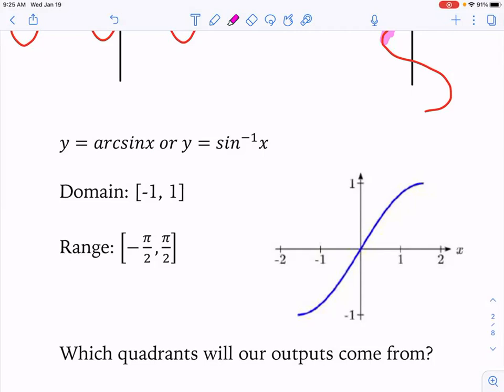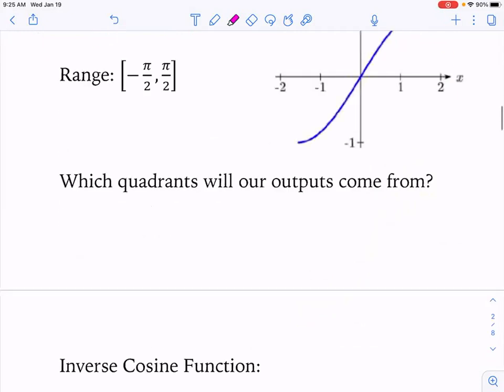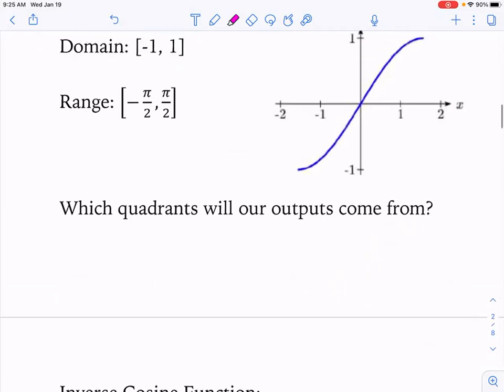If we think about the unit circle, what quadrants will those outputs come from? -pi/2 to pi/2. What quadrants would those be? Yeah. Okay.